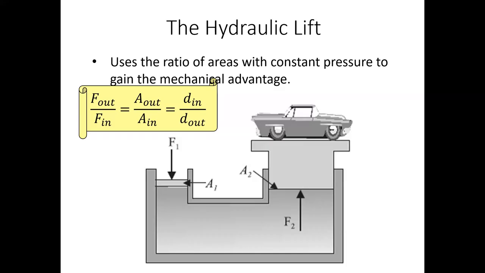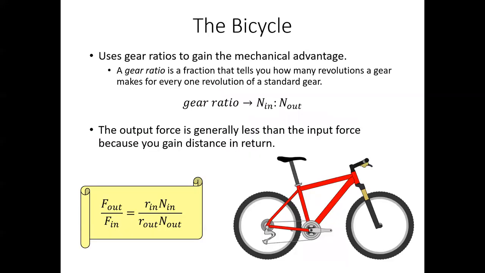Okay, so that's what the hydraulic lift equation says. So it's basically, you can say F out over F in is A out over A in. You can say F out over F in is D in over D out. Or you could even say, less useful in a way, A out over A in is D in over D out. So basically you have three equations, two of which are more useful than the third. And so that's basically all you have there.